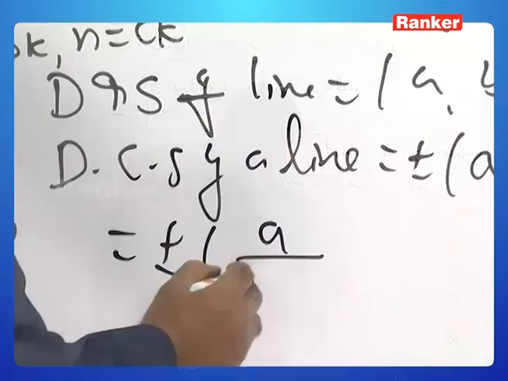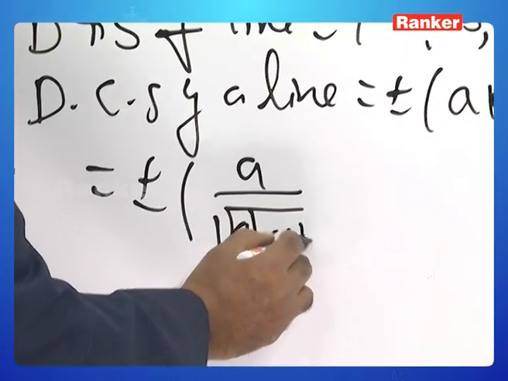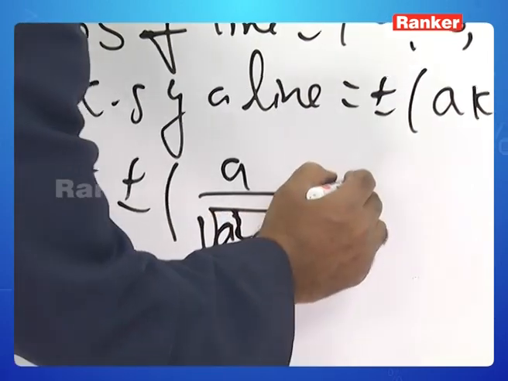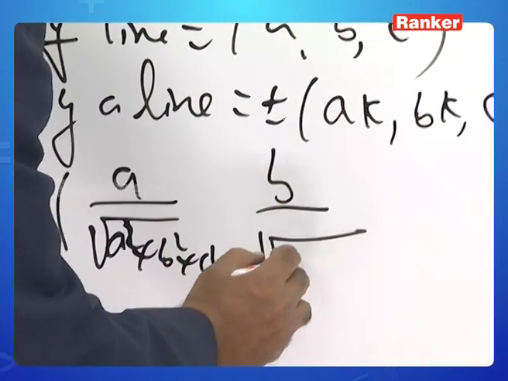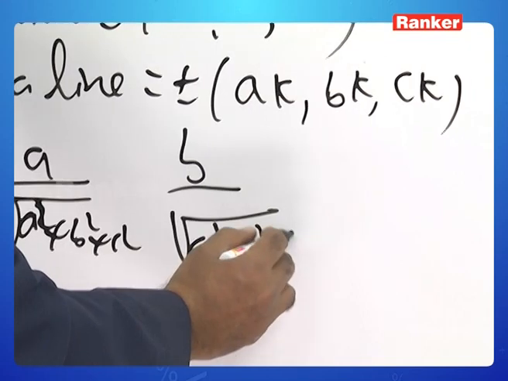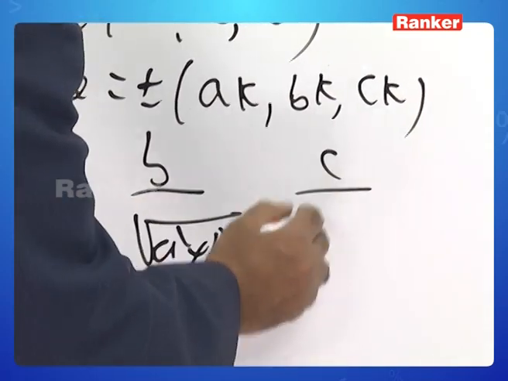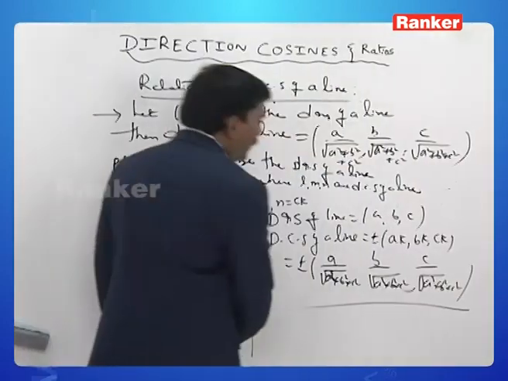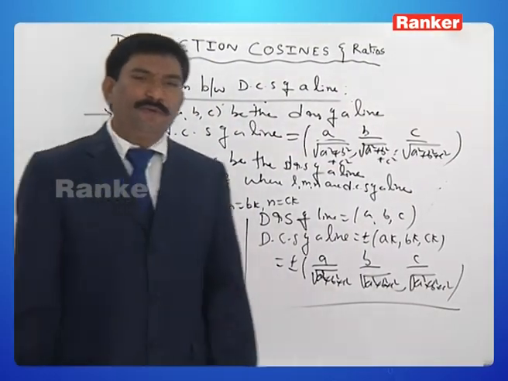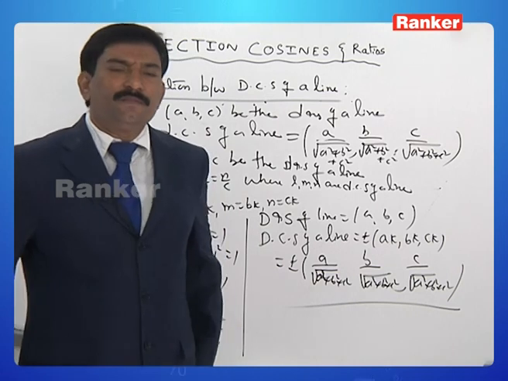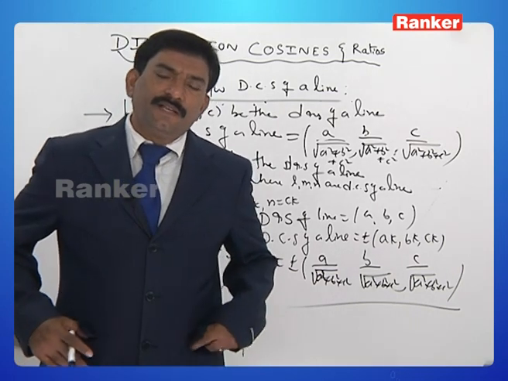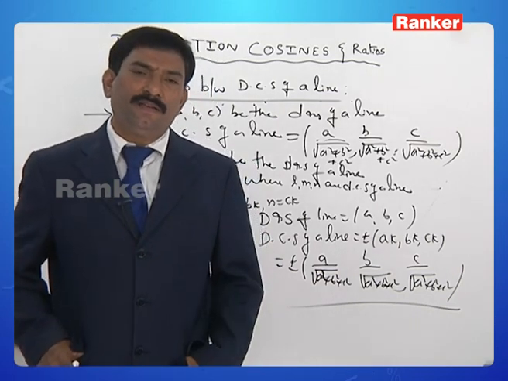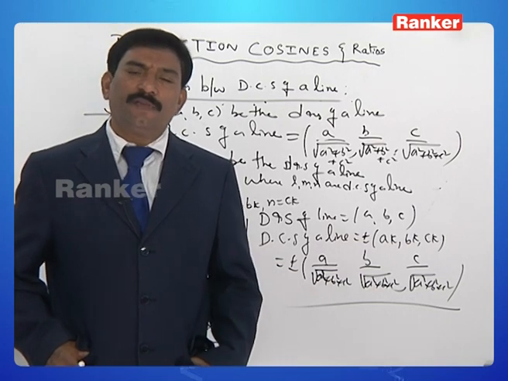K is nothing but 1 by square root of A square plus B square plus C square. So A by square root of A square plus B square plus C square, B by square root of A square plus B square plus C square, C by square root of A square plus B square plus C square. This is how you can establish a relation between the DCs and the DRs of a line when they are given in terms of A, B, C.